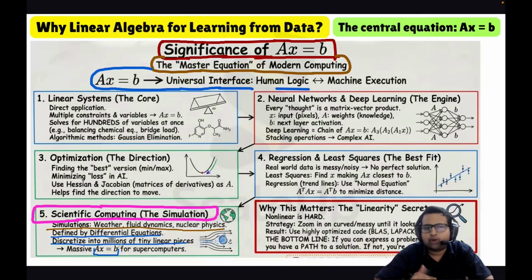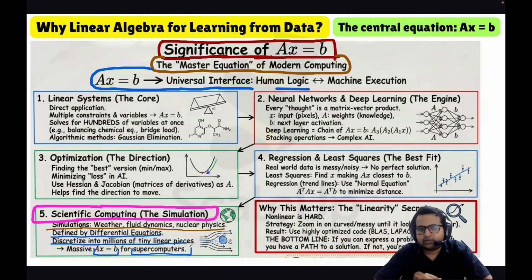So in solving differential equations, the computing algorithms discretize the differential equation into millions of tiny linear pieces, Ax equals B. So we are turning a complex physical problem into a massive Ax equals B problem that supercomputers can crunch.